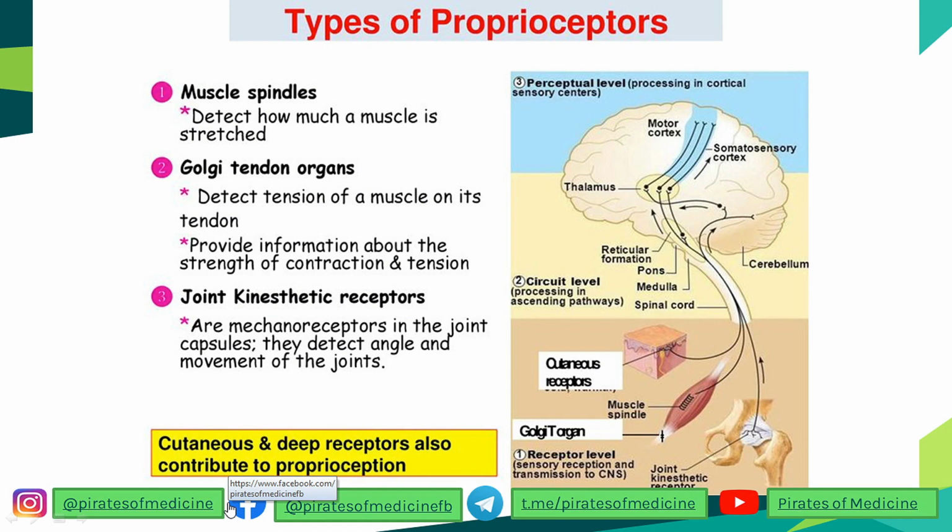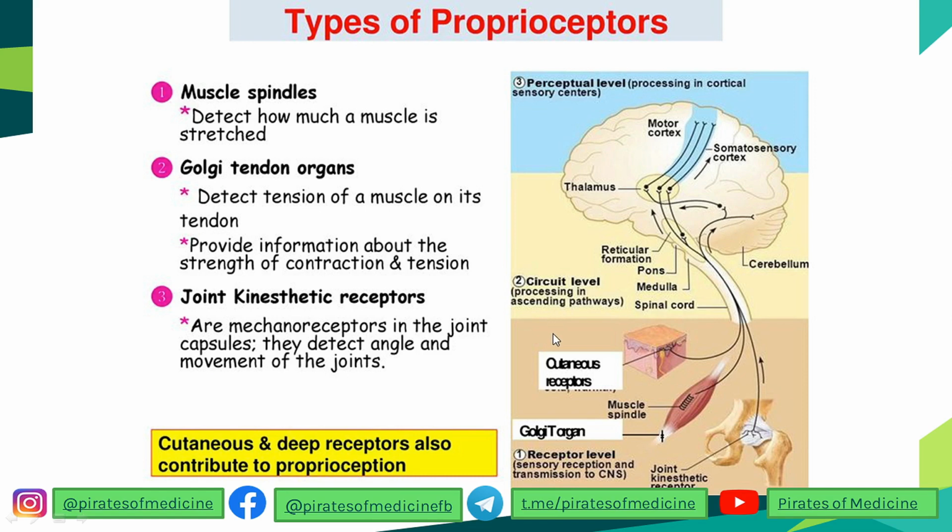And we have the Golgi tendon organ, which detects the tension of the muscle, and they provide information about the strength of contraction and tension. And then we have the joint kinesthetic receptors present in the joints, which detect the angle and movement of the joint. So what happens is that when you do a lot of work, these proprioceptors get activated and they signal the sensory cortex that we are being overstimulated and we need more oxygen for that.